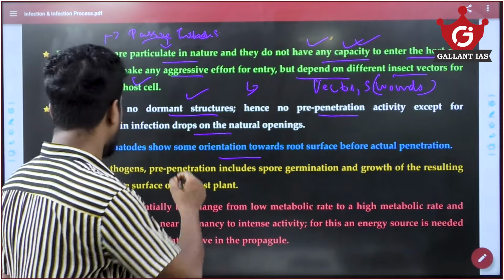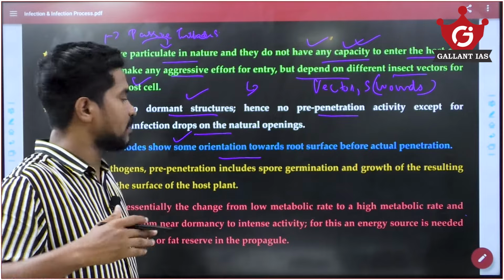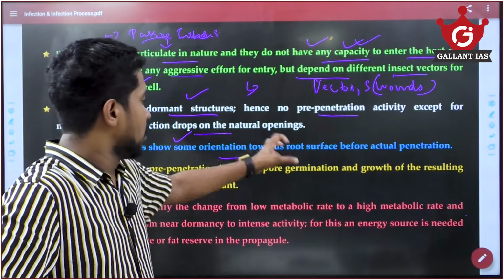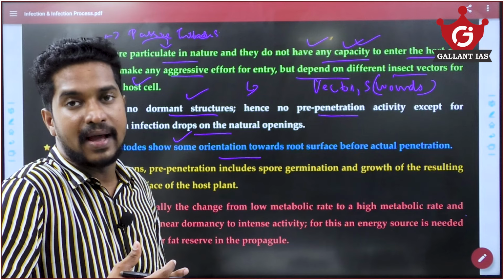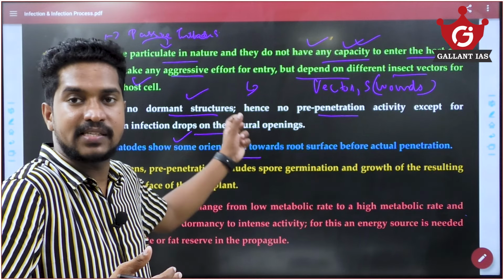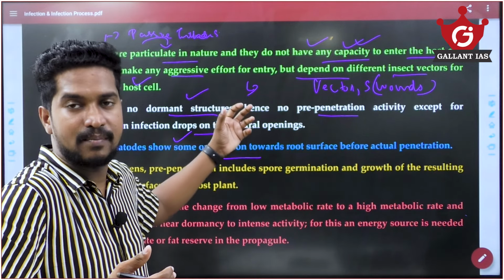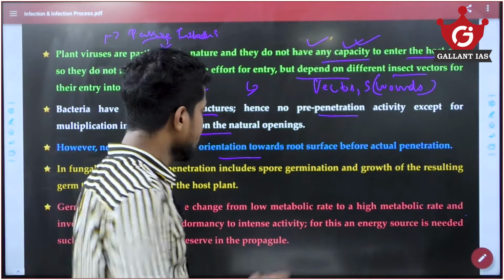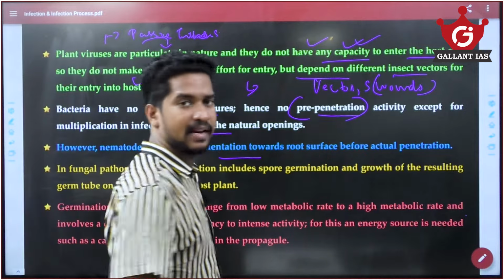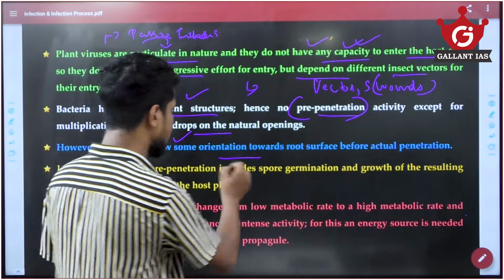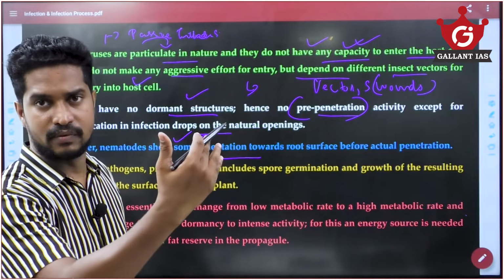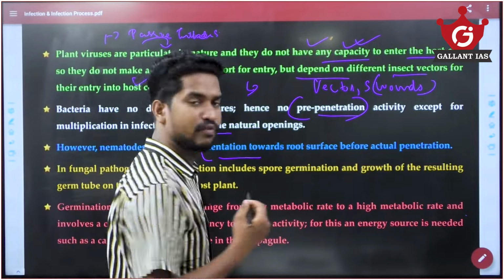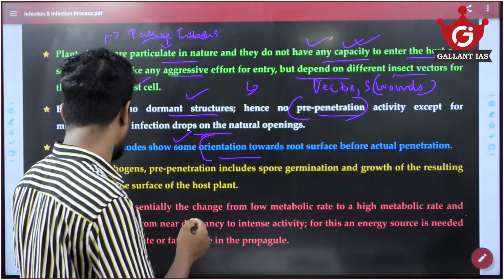So in the case of plant viruses and bacteria there is no pre-penetration activity, and in the case of nematodes there is an orientation towards the root surface before actual penetration.